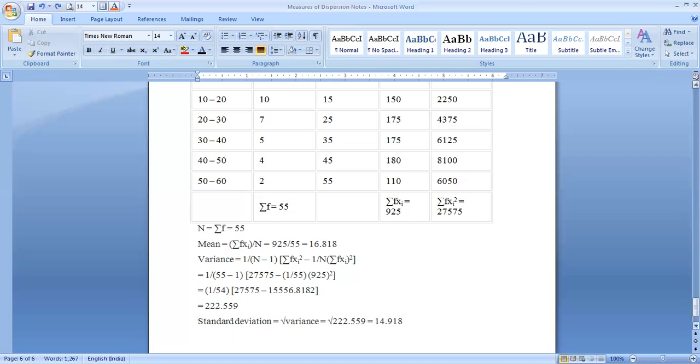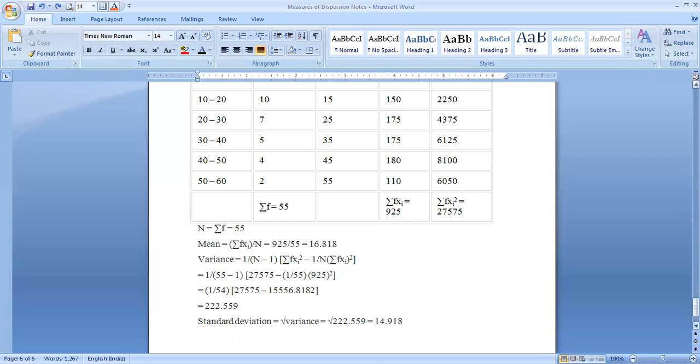The standard deviation is the square root of variance, that is the square root of 222.559, which is equal to 14.918. So 14.918 is the value of the standard deviation.